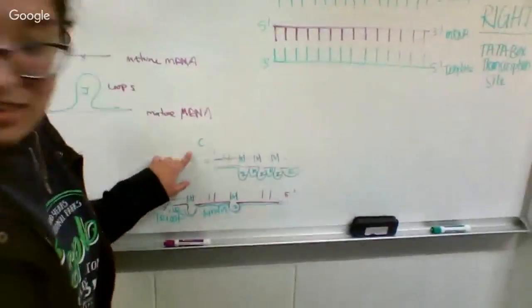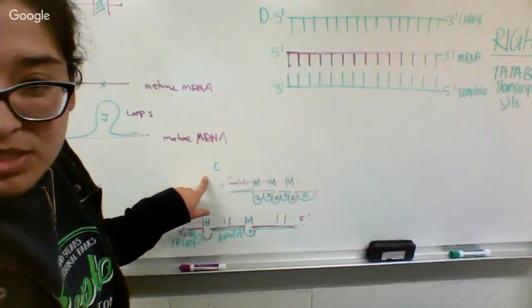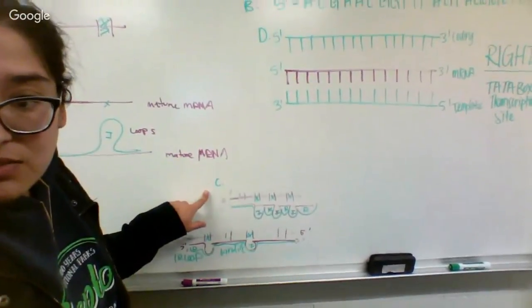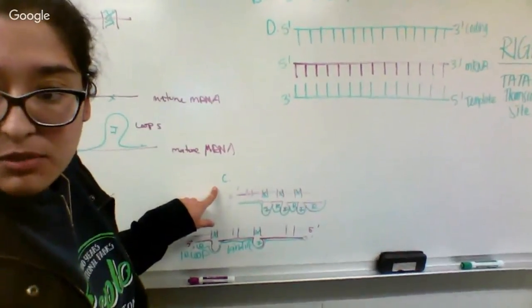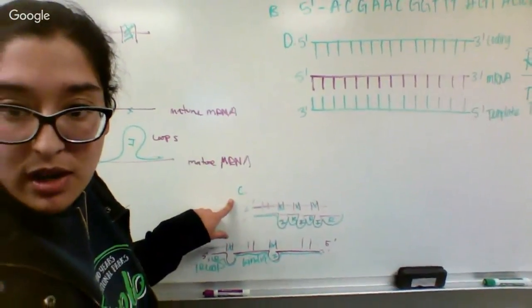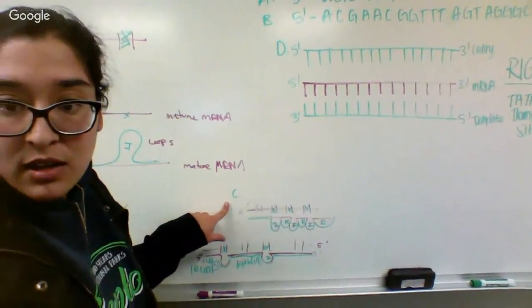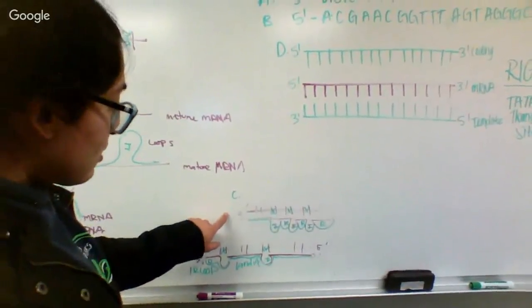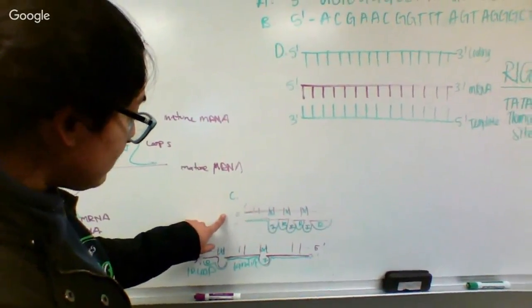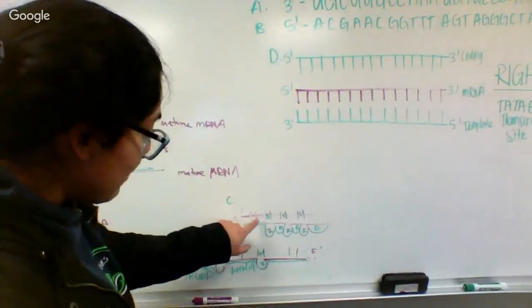For C, the question is, the mature RNA for YFG is hybridized to the genomic DNA copy of YFG. In this case, the 5' most intron in the pre-mRNA contains a defective donor. In this drawing, we have the defective donor right there.